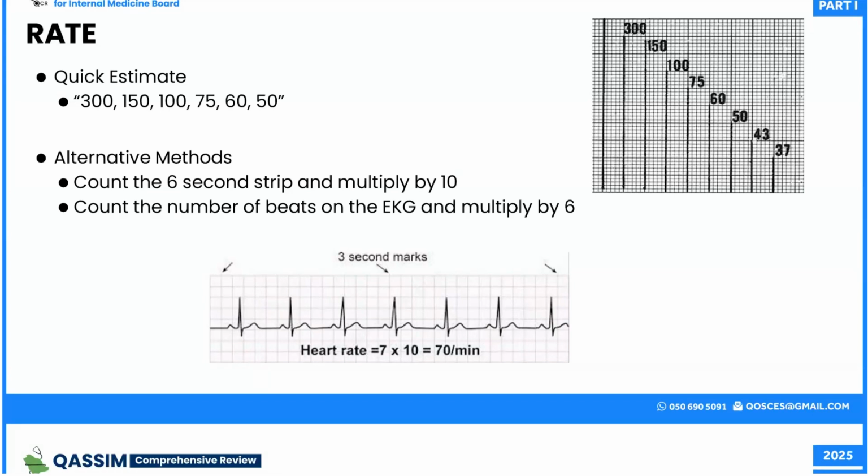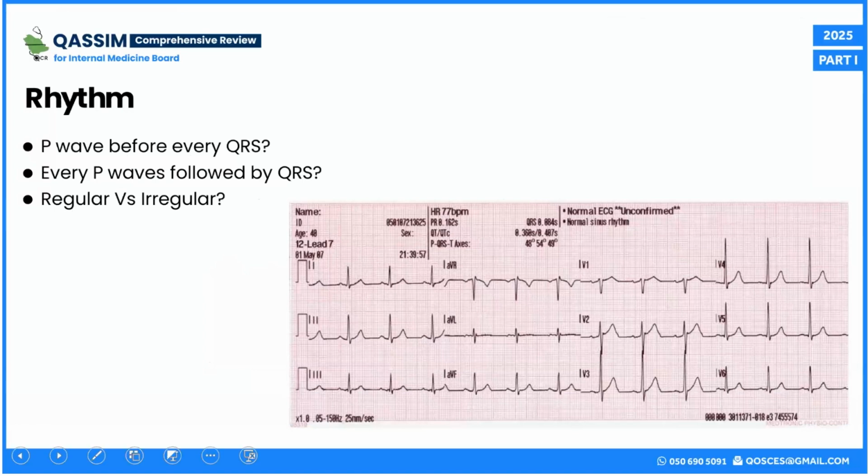Other than the rate, another thing we need to check is the rhythm. What do we mean by the rhythm? Is there a P wave before every QRS complex, and is every P wave followed by a QRS complex? And the regularity of those, both the P wave and the QRS. If you cannot clearly identify a P wave preceding the QRS complexes, it could indicate either a junctional rhythm or a form of heart block.